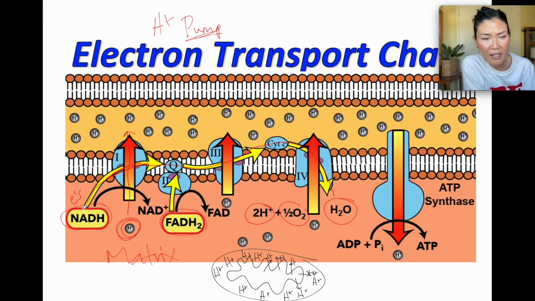So NADH drops off electrons at the first proton pump. That electron is going to move through it. It's going to power that proton pump to pump protons into the inner membrane space. And then it gets transferred to these other coenzymes, coenzyme Q, okay?